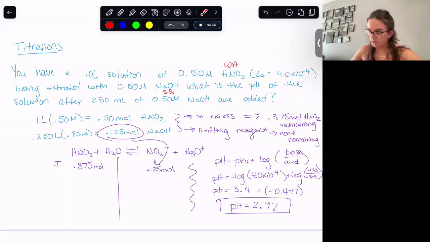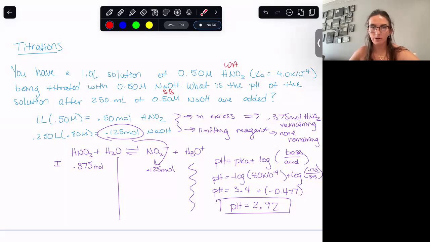We can then use the Henderson-Hasselbalch formula and plug in pKa and the log of base over acid, which we found from the number of moles in our solution. Again, this should be concentration that you're plugging in, but since we're dividing by the same volume to get to concentration, it's all going to work out. So then we end up with a pH of 2.92.